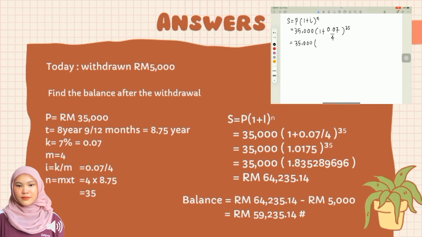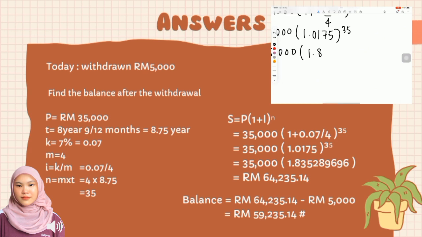So the bracket is 1.0175, bracket 35, and then after we solve the inside of the bracket, we solve it with the power 35. So the answer is 1.83 52899696 bracket.